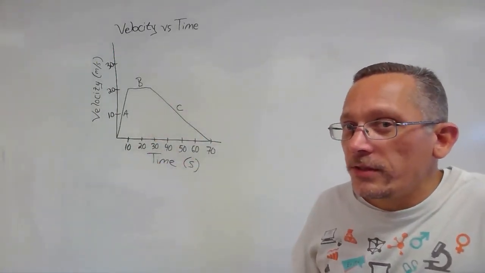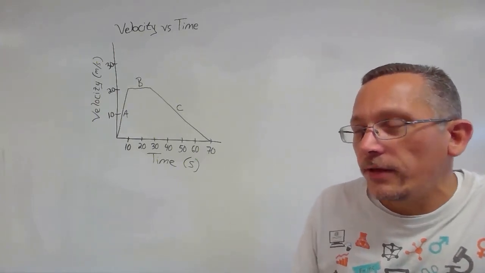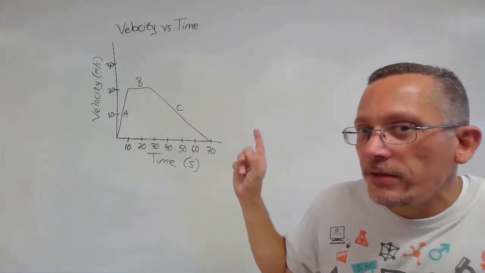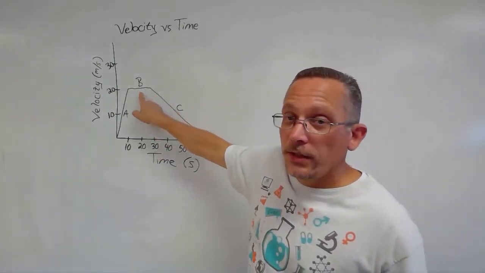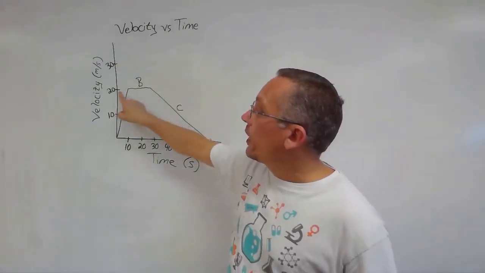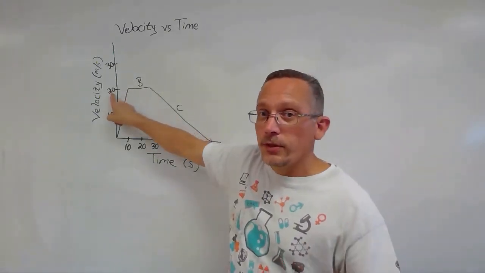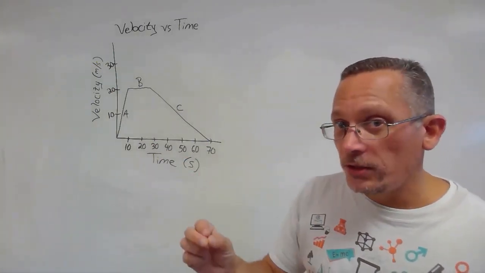That would mean that my object wasn't moving. But here on the velocity versus time graph, it means something different. In section B, this object was moving, and it was moving with a velocity of 20 meters per second. But its velocity wasn't changing.